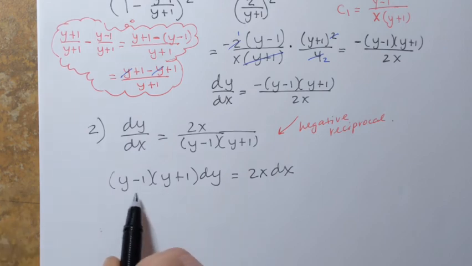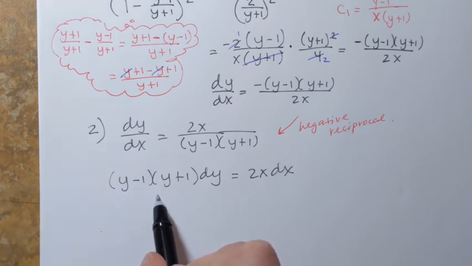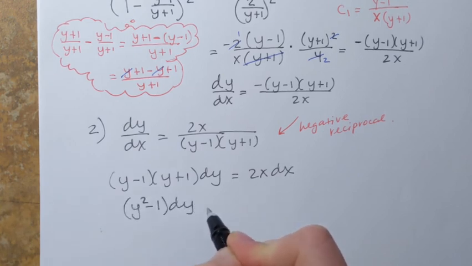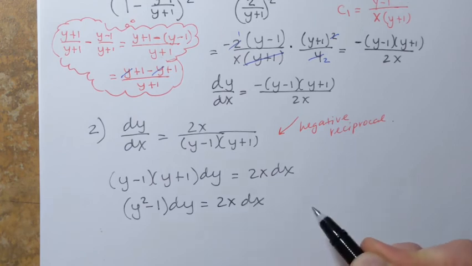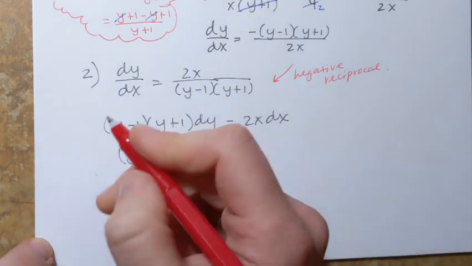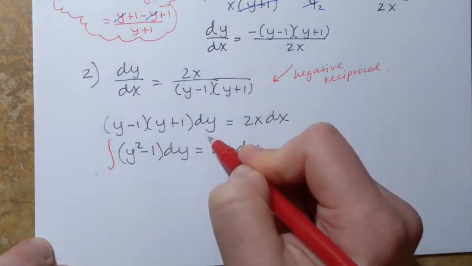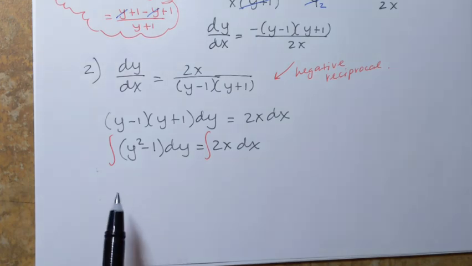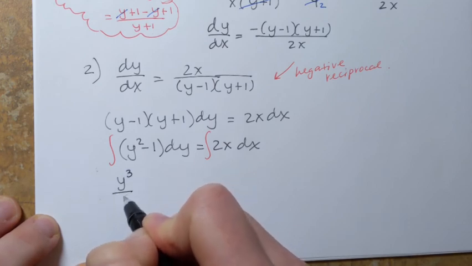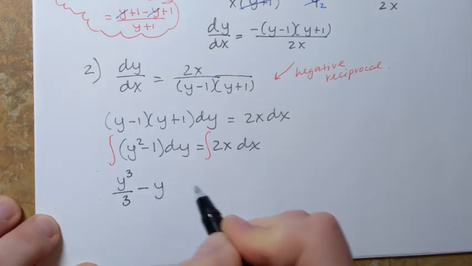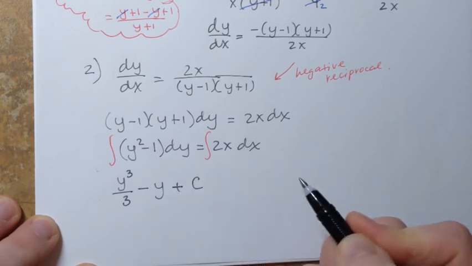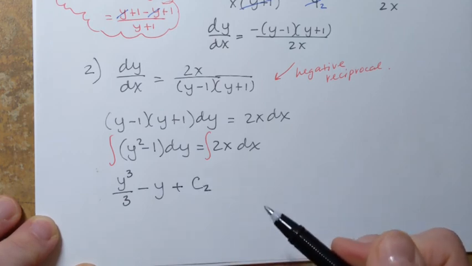That's another place where we can apply the formula for the difference of two squares. That's the same as (y squared minus 1) dy equals 2x dx. To solve that, we simply integrate both sides. The integral of y squared minus 1 is y cubed over 3 minus y plus c2.